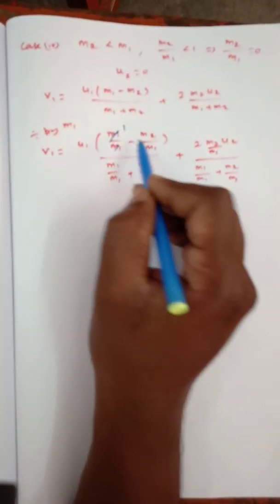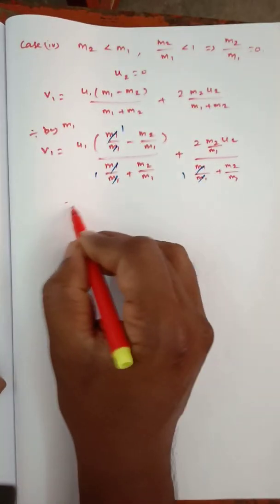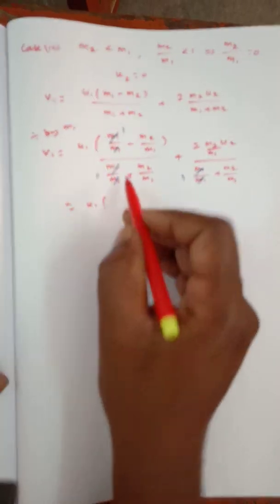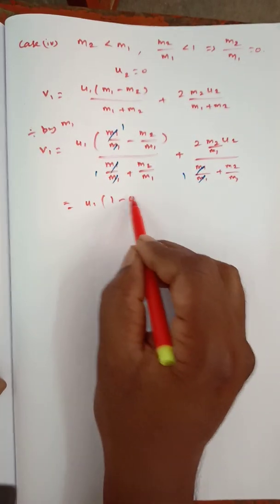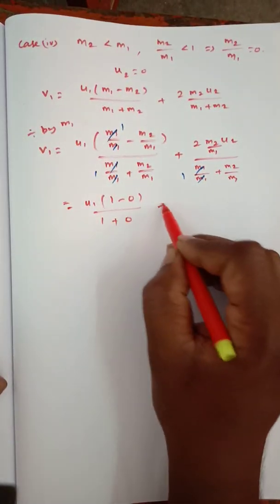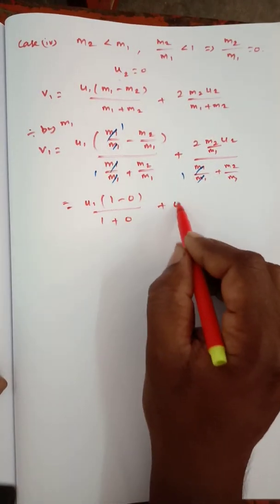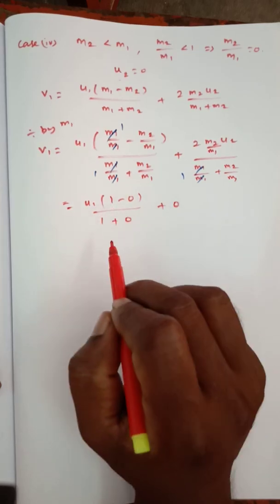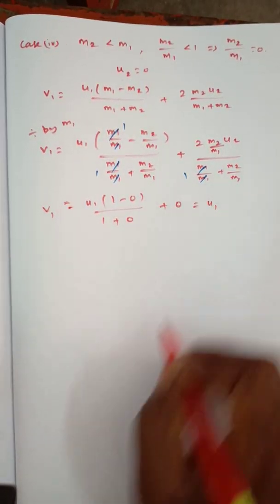For the cancellation, we will get 1, get 1, and we will get 1. So the remaining thing we will write u1 into 1 minus m2 by m1 equal to 0 by this 1, this term will be 0, plus, since u2 equal to 0, the entire term will be 0. So u1 into 1, u1. So the answer for v1 is equal to u1.